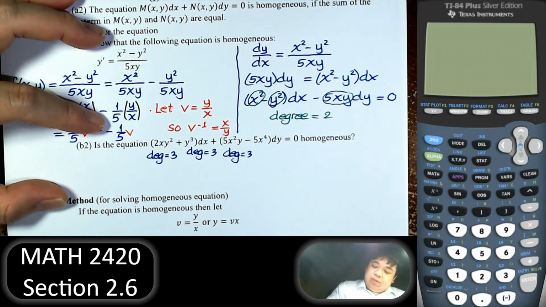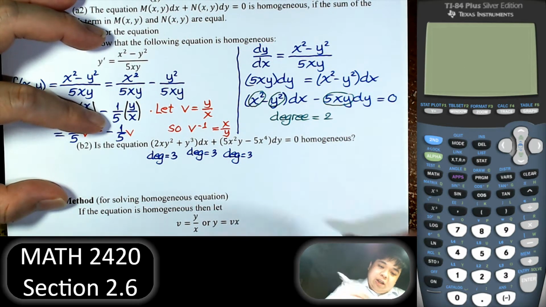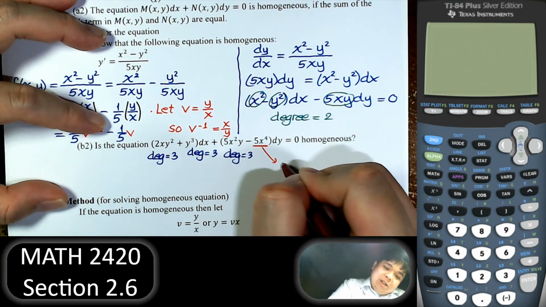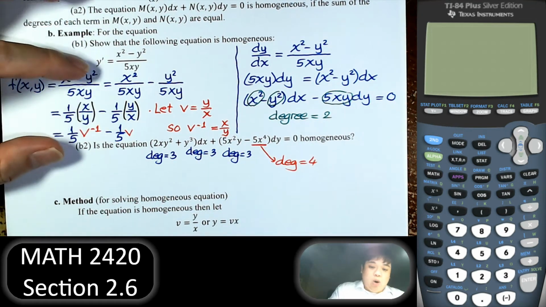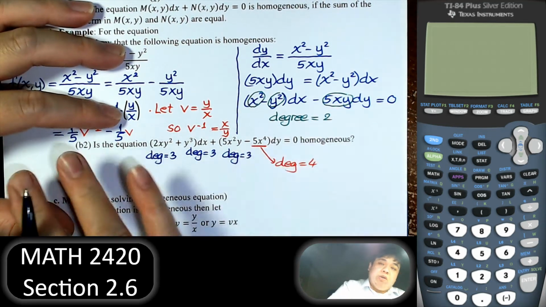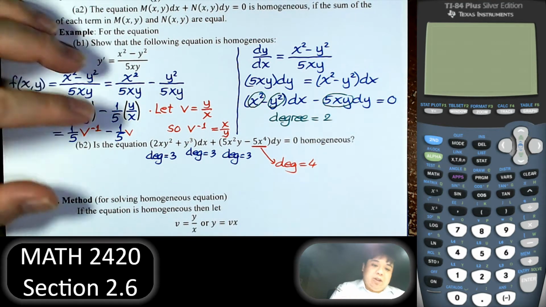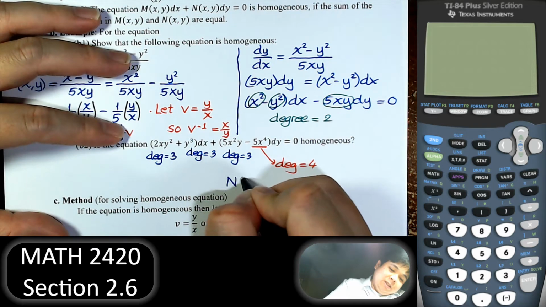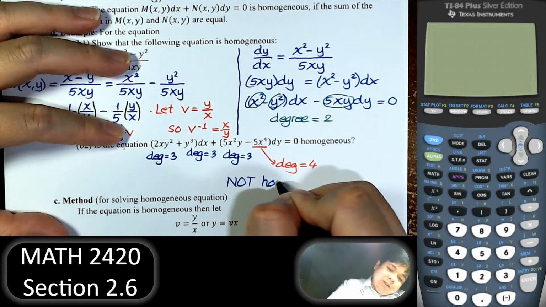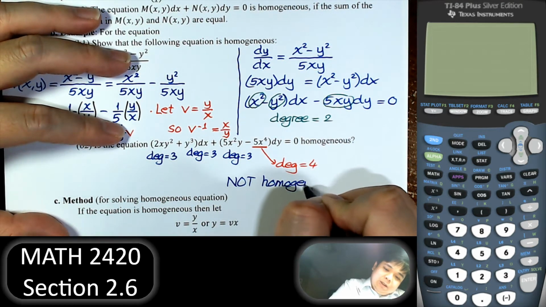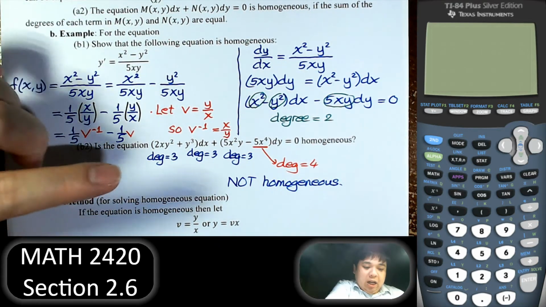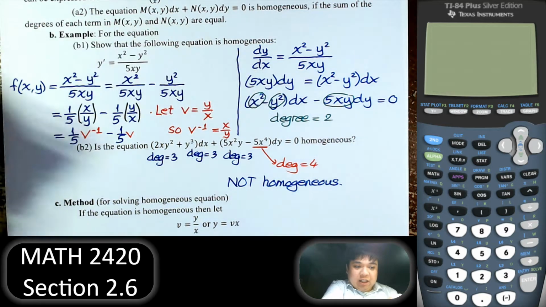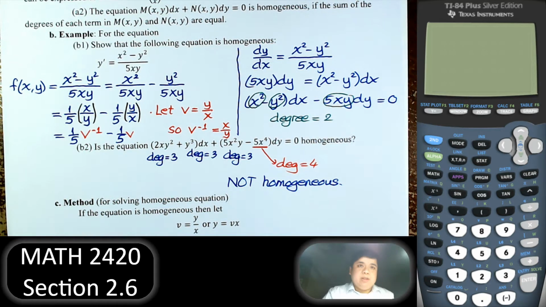But this term though, x to the fourth, is degree 4. So it is not homogeneous because all of them don't have the same degree. So if it is written in this form, then we can see that it is not homogeneous.